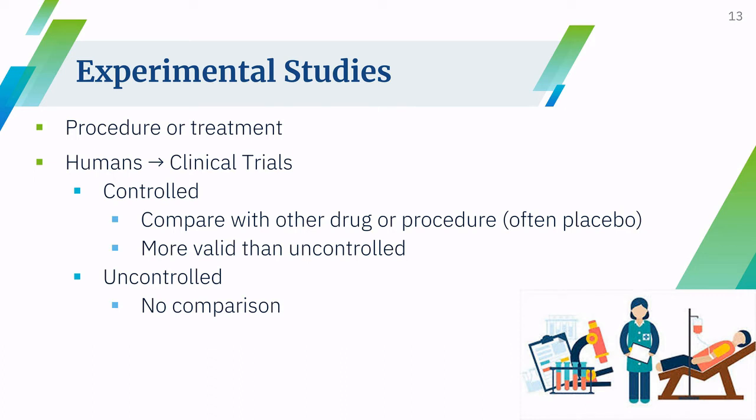Controlled trials are studies in which the experimental drug or procedure is compared with another drug or procedure, sometimes a placebo and sometimes the previously accepted treatment. Uncontrolled trials are studies in which the investigator's experience with the experimental drug or procedure is described, but the treatment is not compared with another treatment, at least not formally.